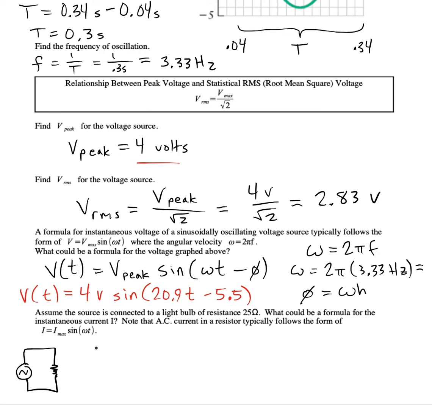Then the formula that we'll have relating voltage and current will simply be Ohm's law, V equals I times R in this case.